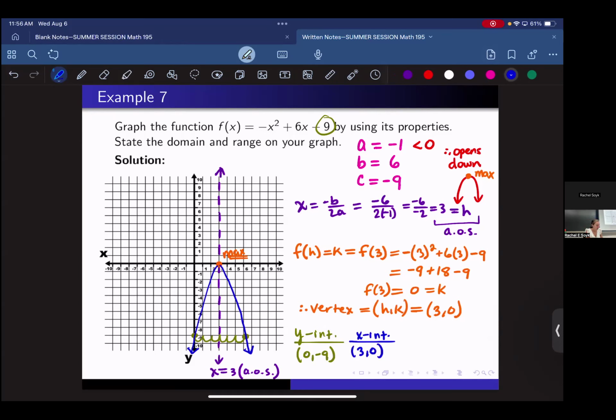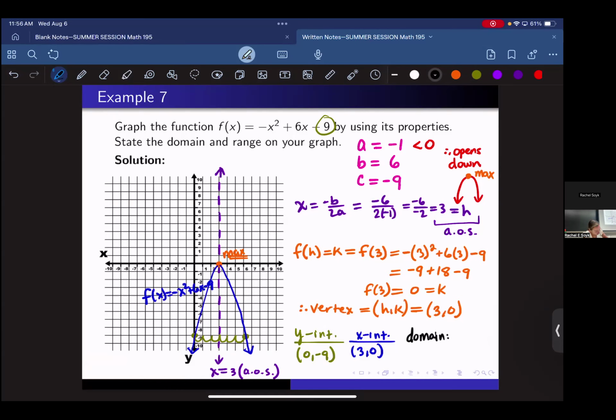And so we graphed out our parabola. We want to make sure we label it. It's our -x² plus 6x minus 9. And then our last part is we want to state the domain and the range. So our domain, again, there are no restrictions here.